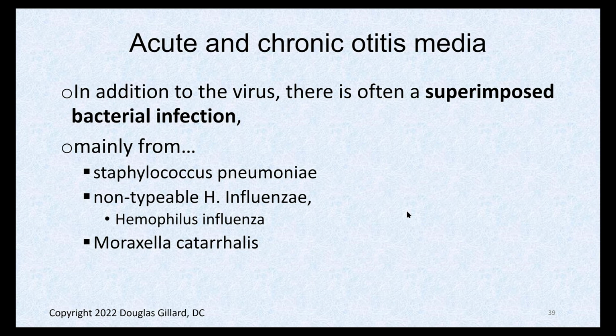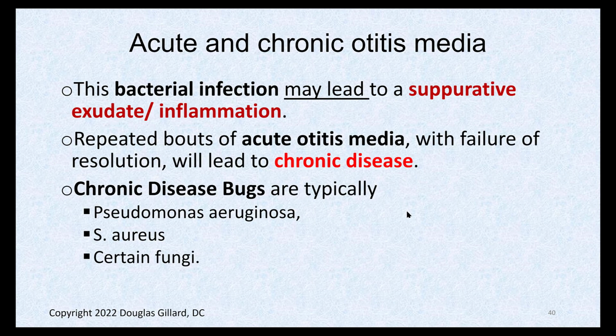The common bacteria are Streptococcus pneumoniae, Haemophilus influenzae, and Moraxella catarrhalis. Those are the big three. So you've got a virus and one of these three bacteria in there as well, and bacteria lead to a suppurative exudate and inflammation.